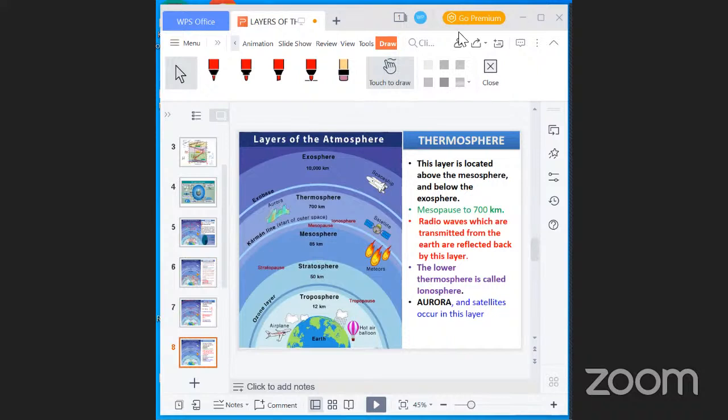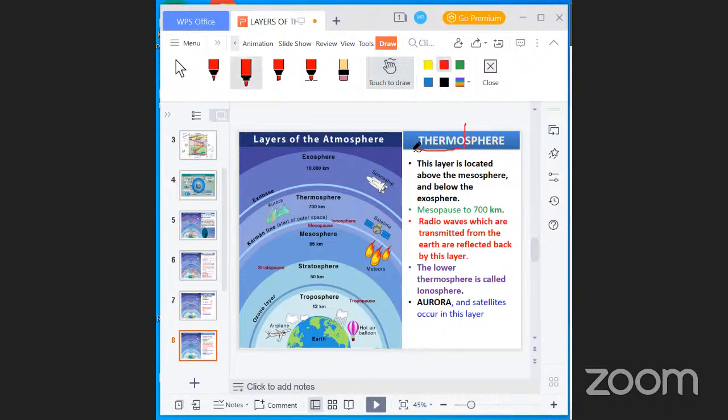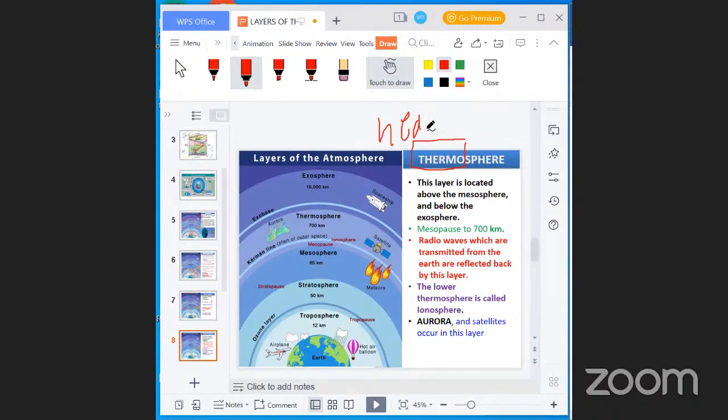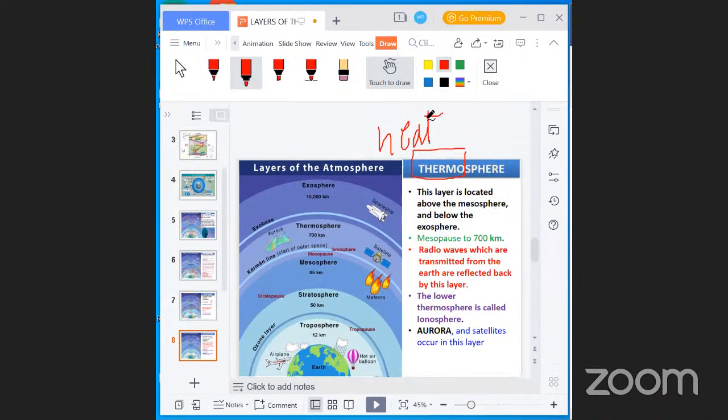So now the next layer is the thermosphere, right? Thermo means heat.